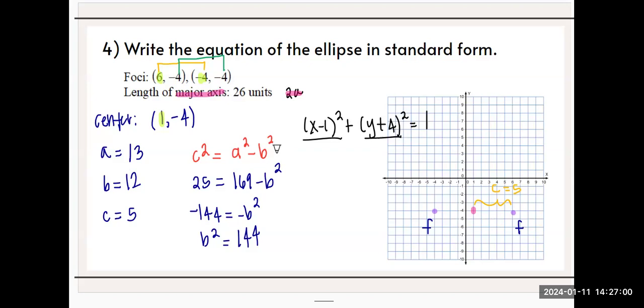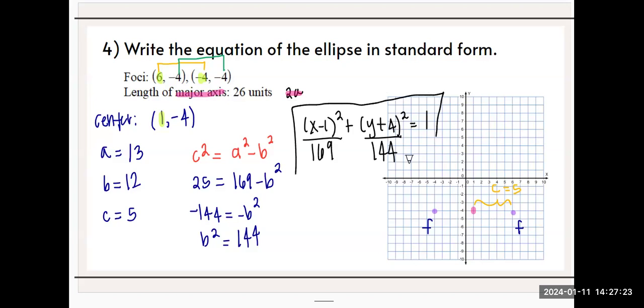A squared is going to go, oh, Pythagoras. I just said that. Yep. A squared is going to go underneath the x because it's longer across. So A squared is 169. And B squared is 144.